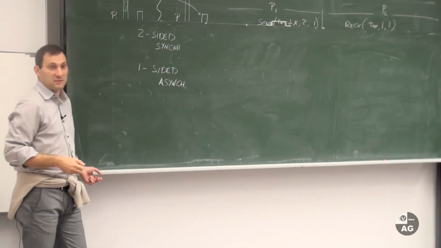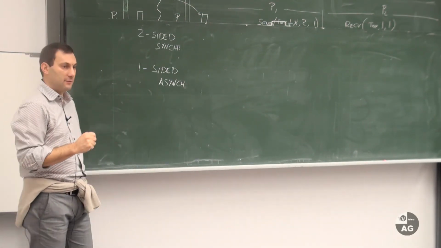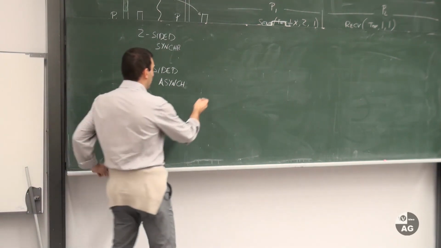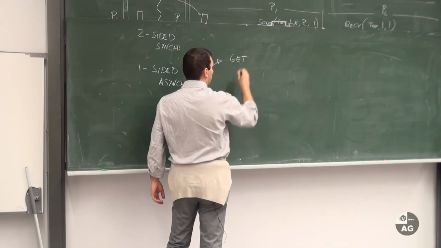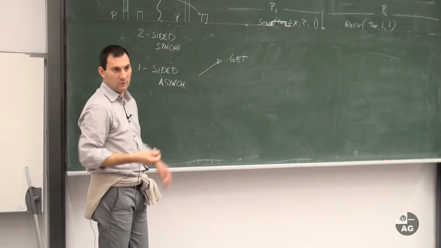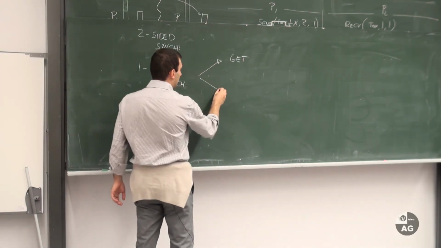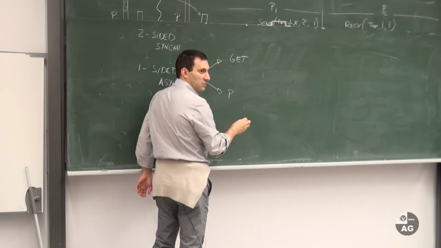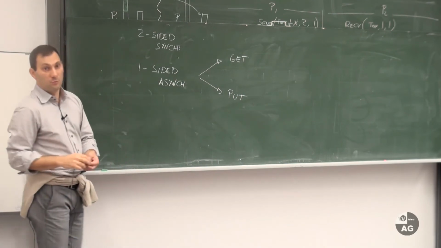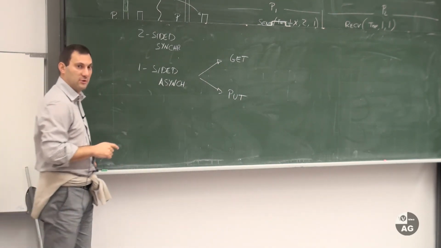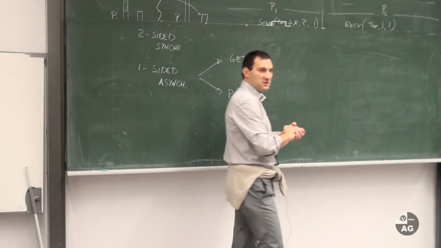So notice that if it's one-sided, it could be a get, which is what you have to do. But hey, it could even be nastier. It could be a put. Put is even nastier. So how is that?